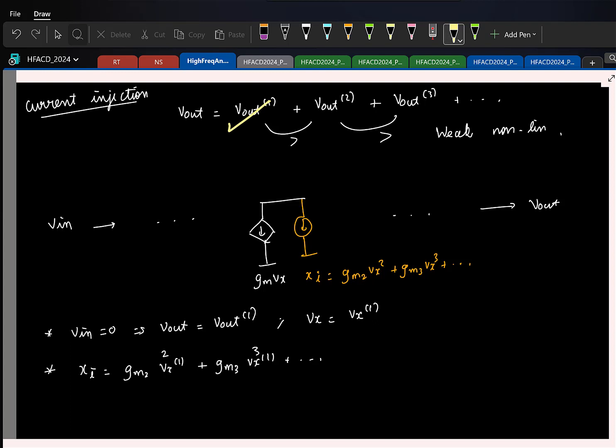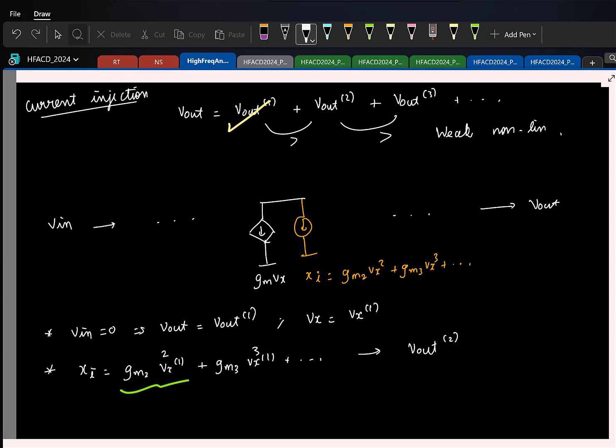Right now we have found the linear portion. To find the second order nonlinear portion, you choose an appropriate term here that gives you the second order term and assume that alone as the input, and then find V out 2. Then using V out 2 you find V out 3 and you can keep doing it, right? So that's the idea.